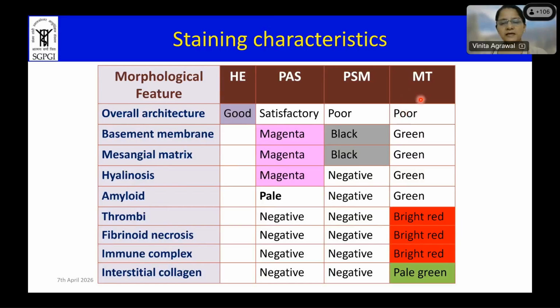And if you look at the Masson's trichrome stain, it is used basically when you're looking at thrombi, fibrinoid necrosis, immune complexes, which will be fuchsinophilic and bright red, whereas collagen will be green. So if you are able to grasp a hold of these stains that we are using for renal biopsies, interpretation of the biopsy becomes easier.